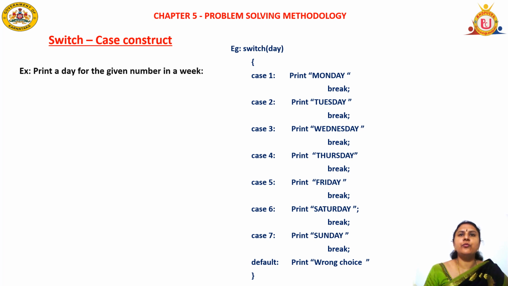So switch 1 means it will directly print Monday and come out of the construct. Suppose no case number matches the day, it will go to the default statement and print wrong choice. So this is an example for the switch case construct.